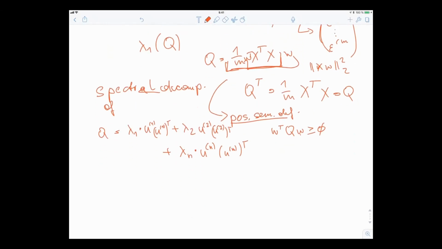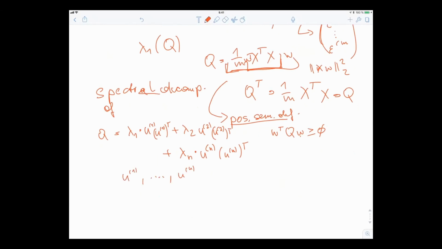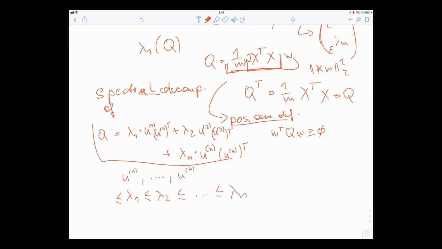And so we can find vectors U1 till UN and non-negative numbers lambda 1 till lambda N, which are also ordered non-decreasingly, such that this equality holds.